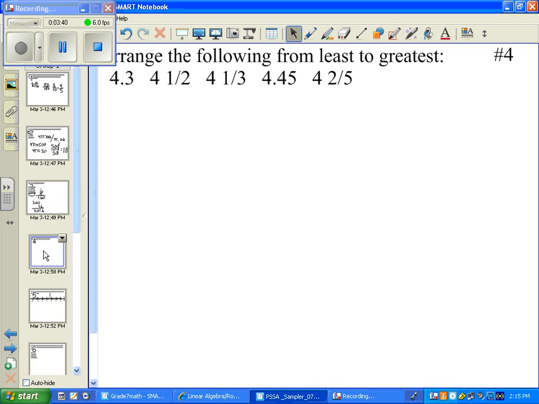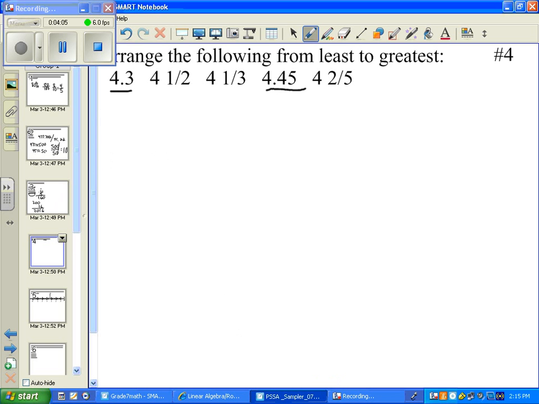Take a look at number 4. Arrange the following from least to greatest. It probably would be pretty convenient if we put these all into decimal form. We notice that we have 2 of these in decimal form.